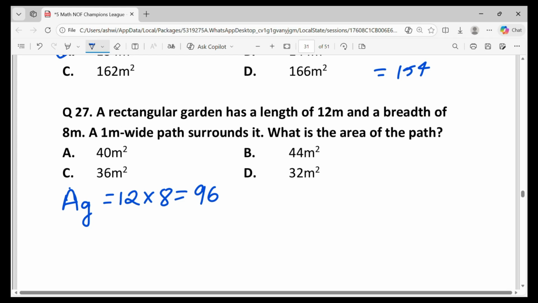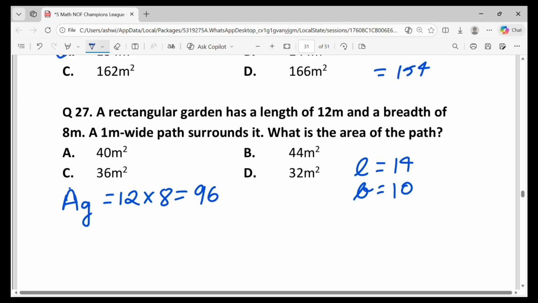The path is 1 meter wide on all sides, so the length will be equal to 12 plus 2, that is 14, and the breadth will be equal to 8 plus 2, that is 10.